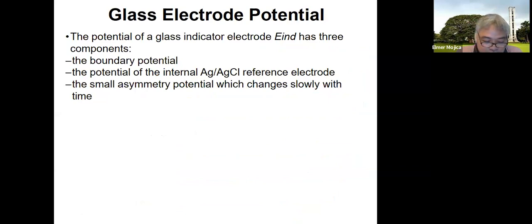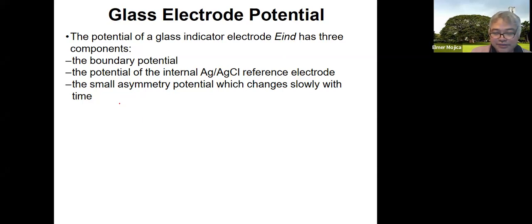Now, as noted earlier, we also have the potential of a glass indicator electrode, which is E indicator. They have three components: the boundary potential, the potential of the internal silver reference electrode, and the small asymmetric potential, which changes slowly with time.